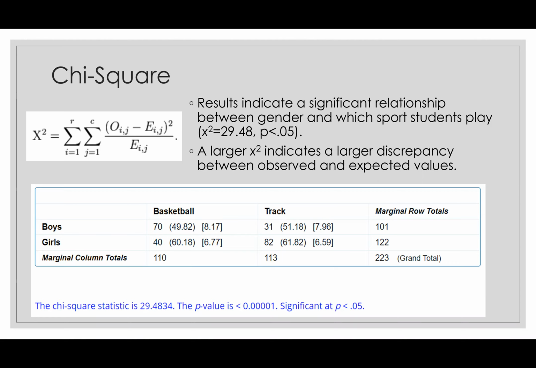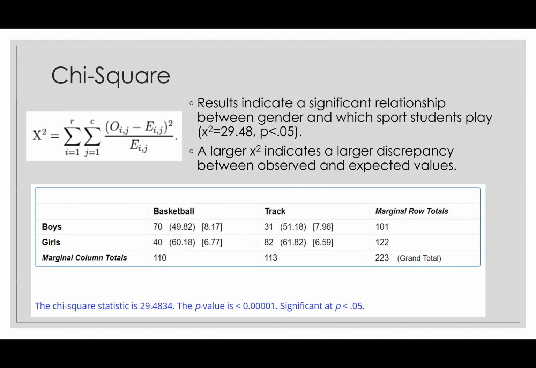So in general, this conclusion that there is a significant relationship between gender and sport makes sense once you really look at the data, and it becomes somewhat intuitive. Again, looking at basketball, we have more boys that play basketball than girls. Just, 70 is fundamentally higher than 40.